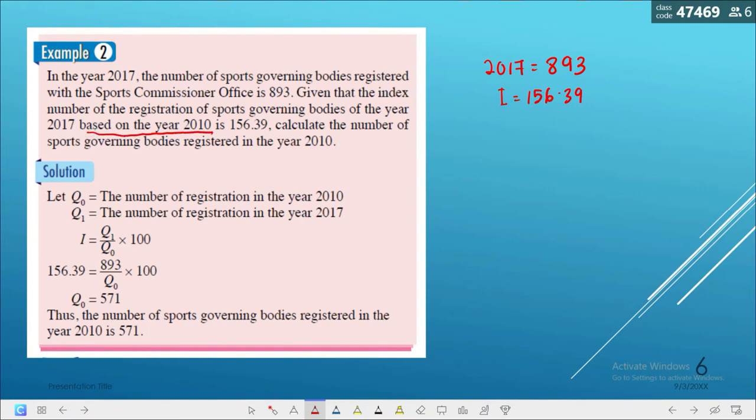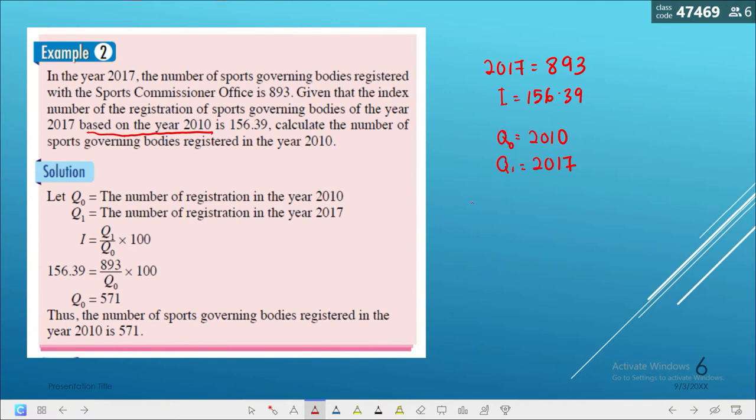It already says here based on the year 2010, so Q0 is 2010, the number of registrations in the year 2010. So I just put here 2010, this is Q0, while Q1 is 2017. But you need to find the value here. So Q0 is 2010, and Q1 is 2017.